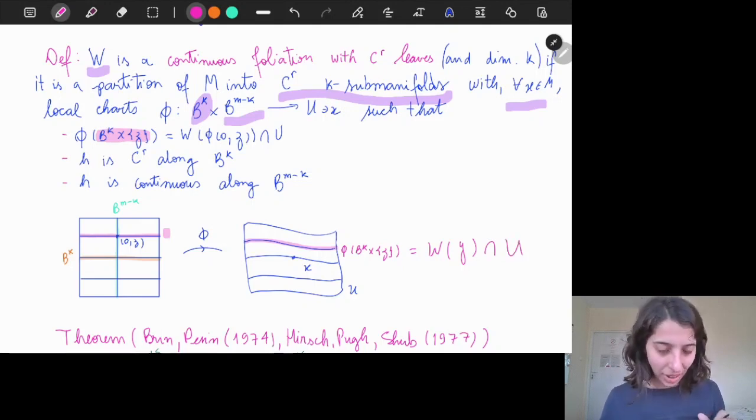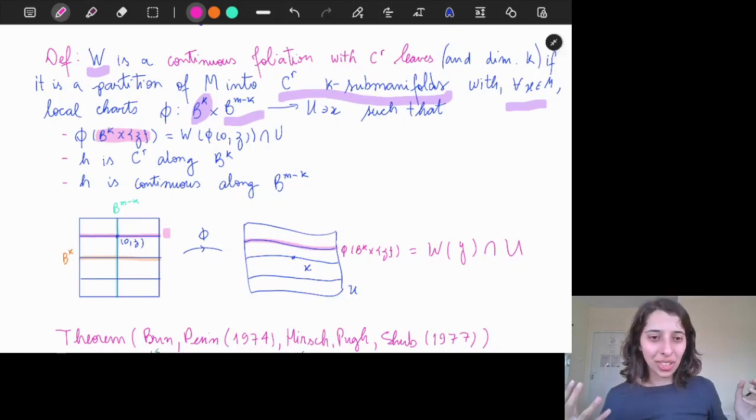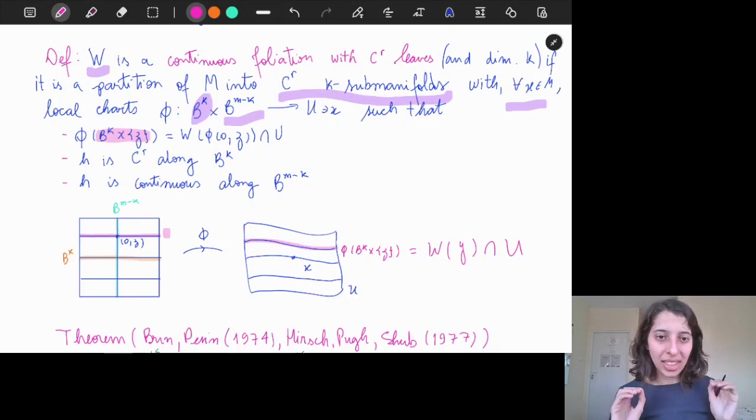So the intuition of this is the following. Each leaf is C^r, and these leaves are stacked continuously.